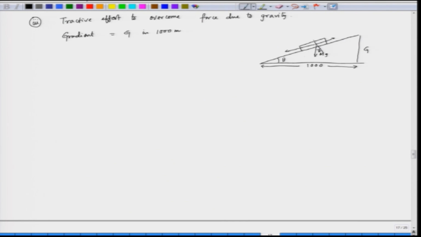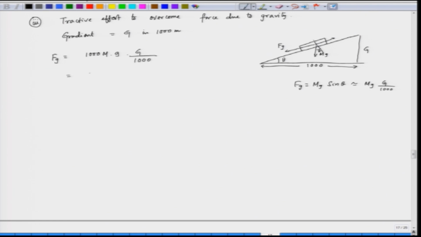So, we have to find out what is the gravitational force acting here. The gravitational force which is acting here is Fg. So, Fg is equal to mg sin theta, which is approximately equal to mg into capital G by 1000.